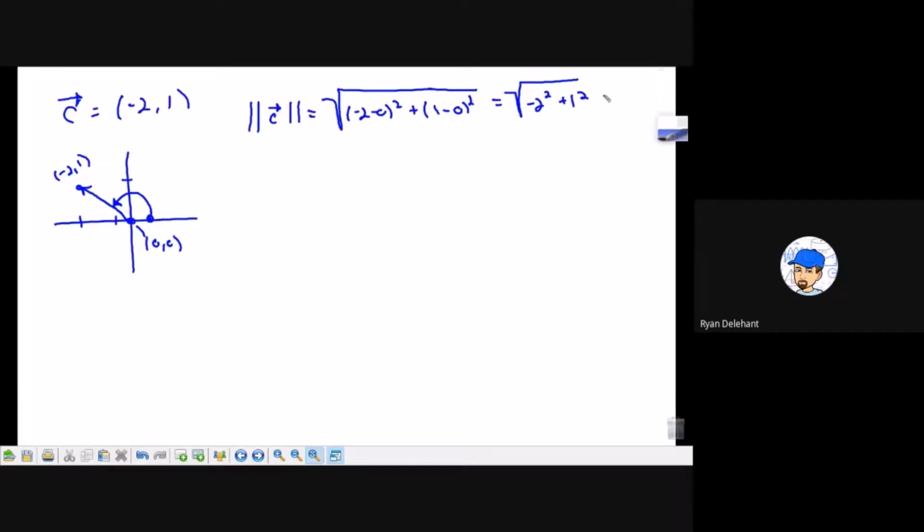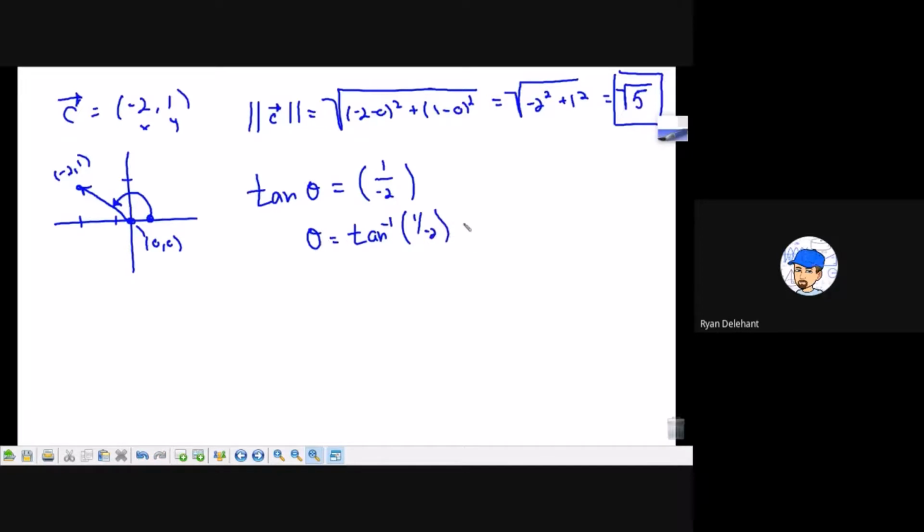So its magnitude, its length, is square root of 5. We're still going to use tangent. We'll always use tangent to find the angle. And this fraction is what's going to change. It's always going to be the y value over the x value. So this is going to be 1 over negative 2. And that is what we will plug into the calculator. Figure out about what it gives us as an answer.